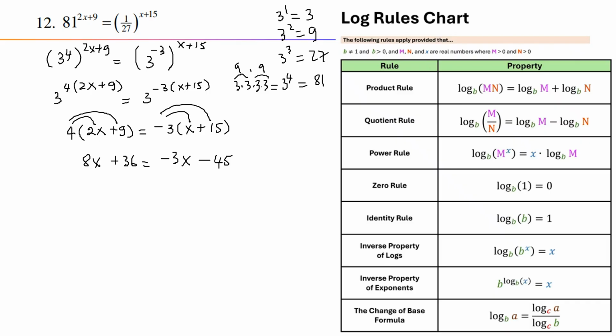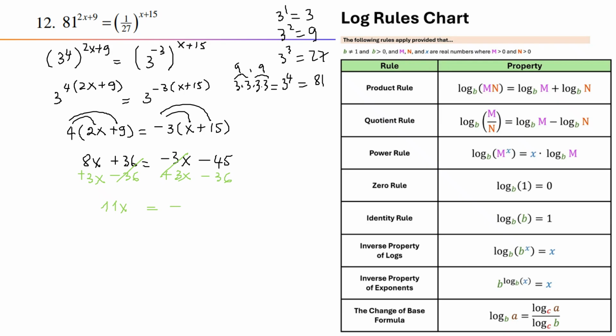Now we will add 3x to both sides. So that is gone. Now we have 11x equal, we will move the 36. So we have to subtract 36 from both sides. It's gone. Now we have negative minus some number, which makes it more negative.